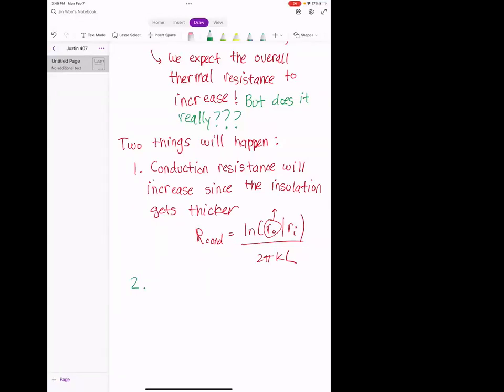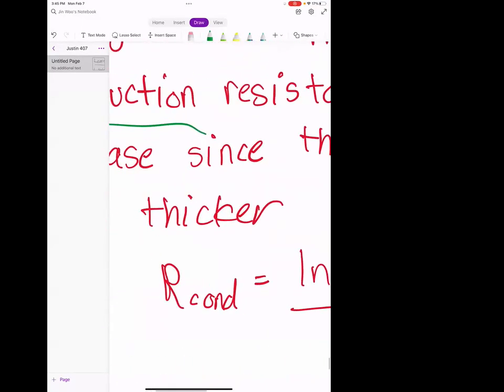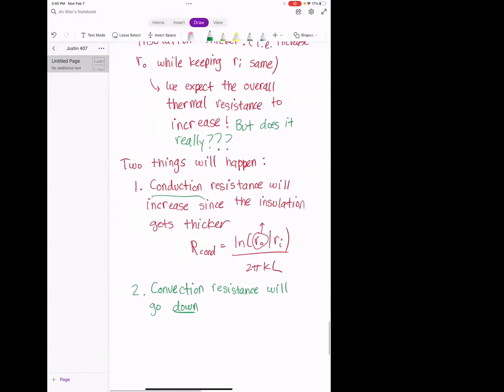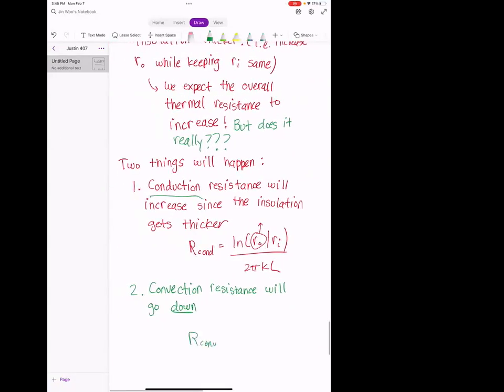The other thing that's occurring at the same time: remember, the other aspect of this problem is that we have convection occurring on the outside. And so the convection resistance is actually going down. Why is that? Remember from the last example what our formula for convection resistance is.